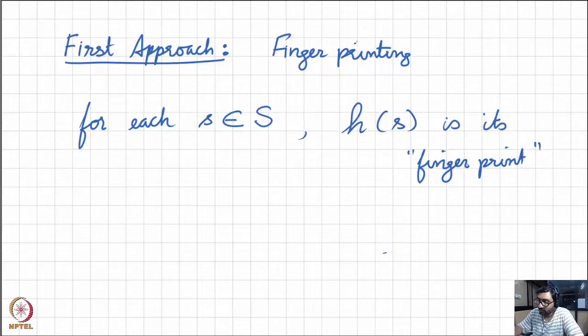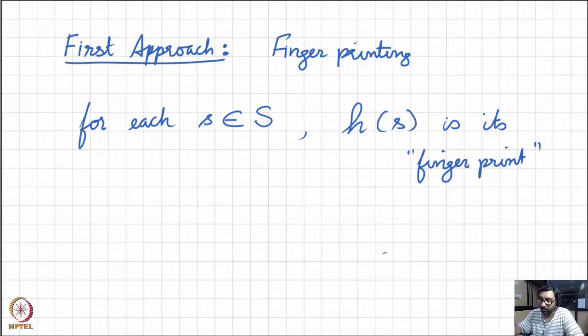H of S is the hash value of S, and it's also called a fingerprint. Basically, it's a way to identify the user ID S, and these fingerprints have to be stored in some dictionary.